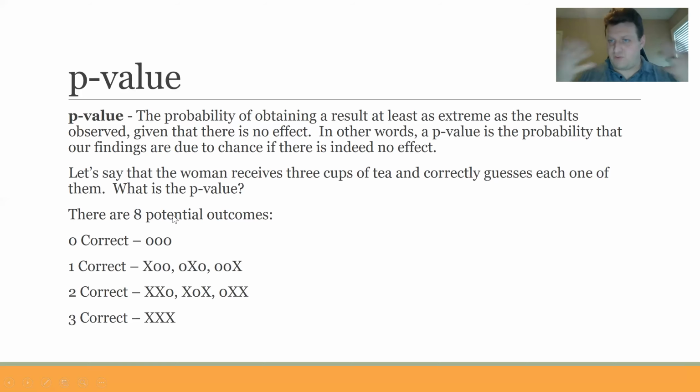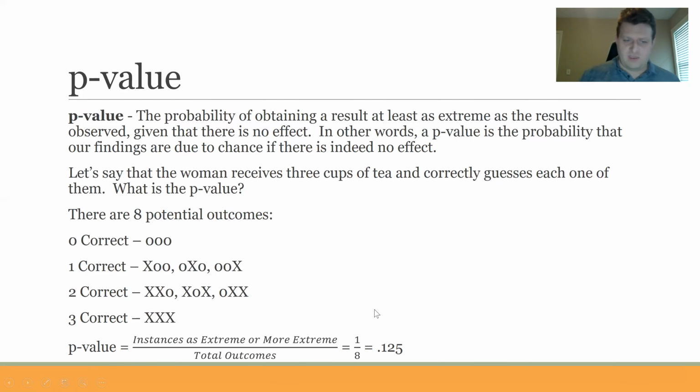There's 8 different choices that Muriel can make. Only one of them gives all 3 correct. So the p-value for this is 1/8. So we have a p-value of 0.125. There's a 12.5% probability that Muriel would have correctly guessed 3.